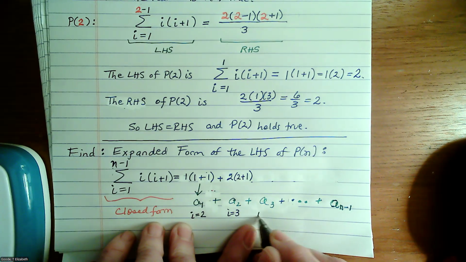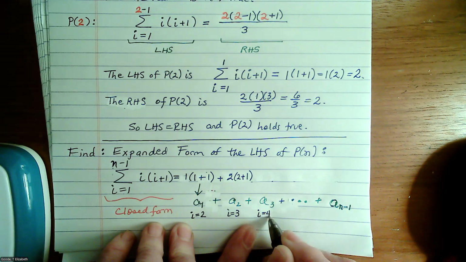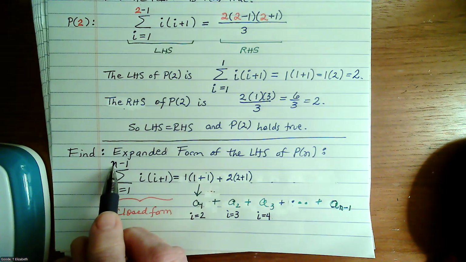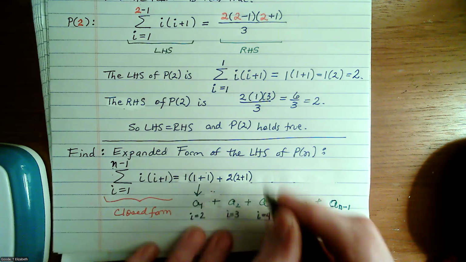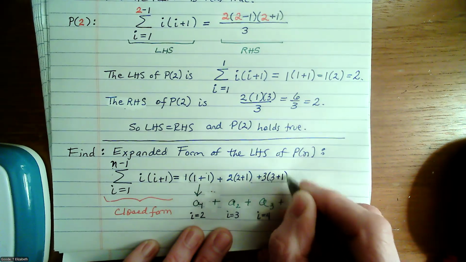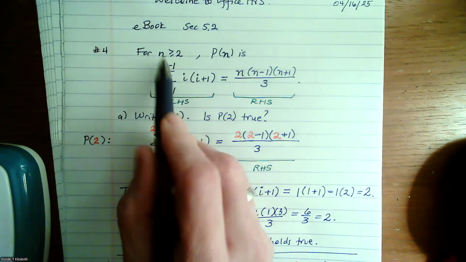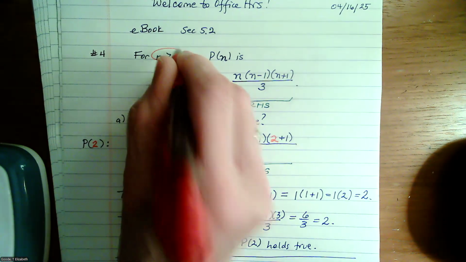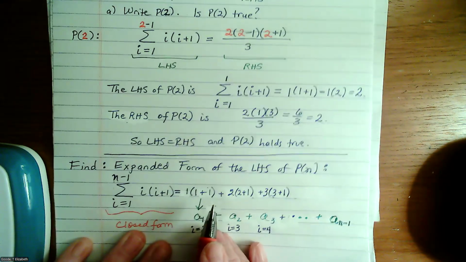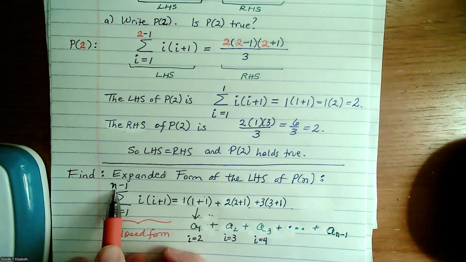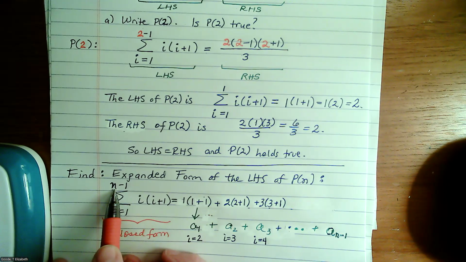A sub 3 is what we get when i has the value 3. So that's the indexing that you're doing, because it says it starts with n greater than or equal to 2. So n starts at 2. That means the lowest this value could be would be 2.